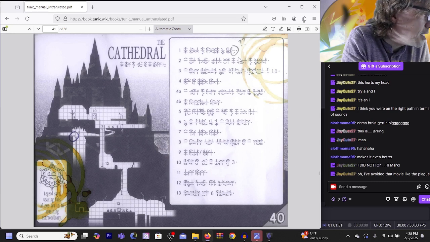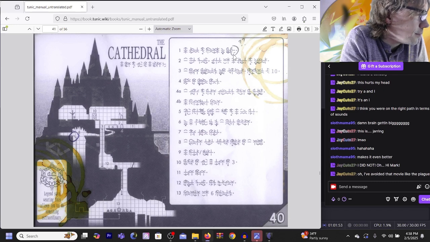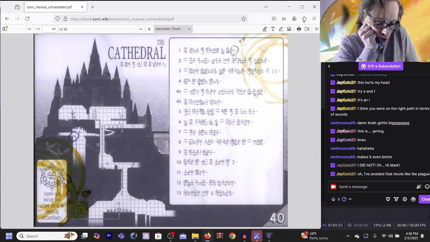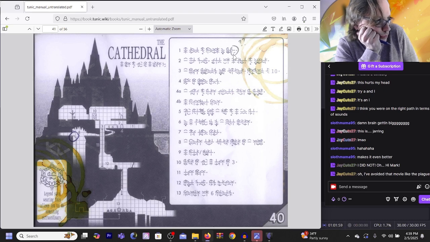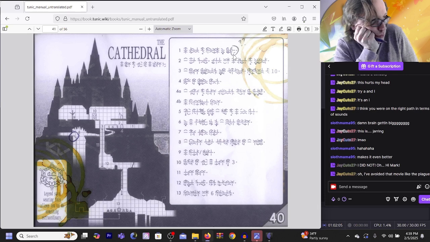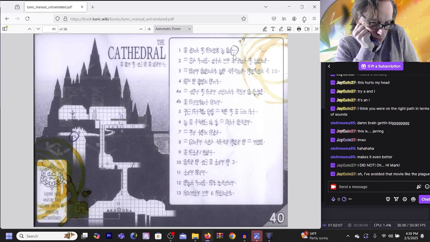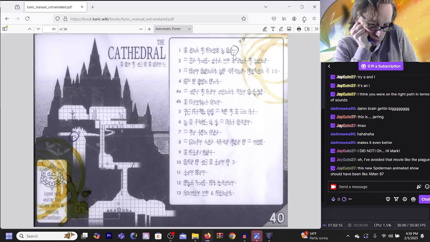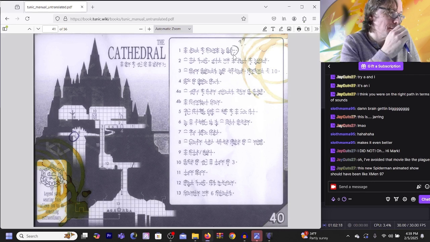Why is this symbol so important? Because it's just a vowel symbol, right? That symbol legitimately doesn't make sense. No, it does. It's like the final vowel symbol.